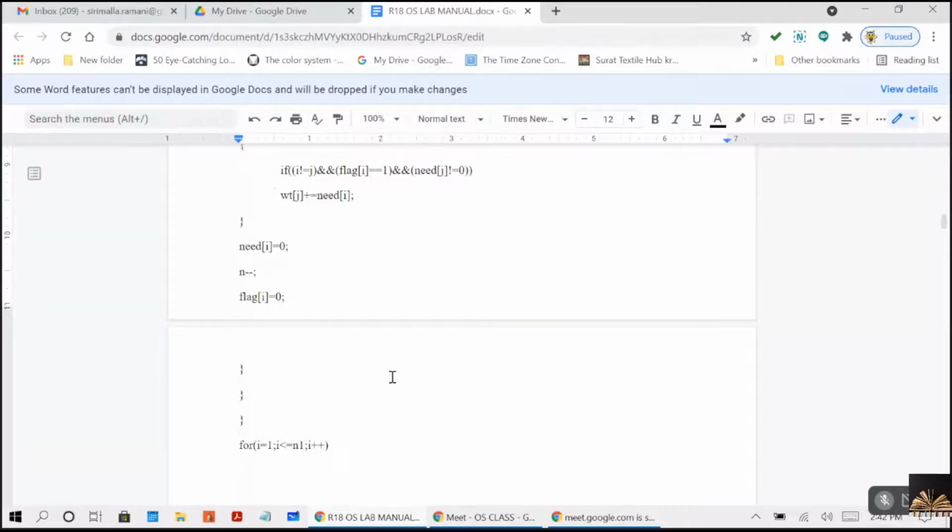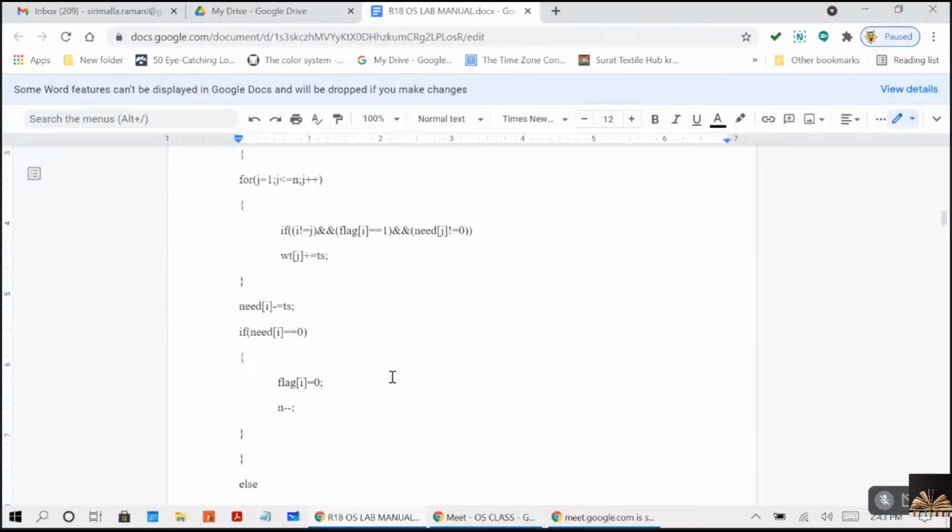I keep that in need. And flag indicates: if flag is equal to 1, the job is still running and requires more CPU time. If flag is equal to 0, it is done with the execution part.